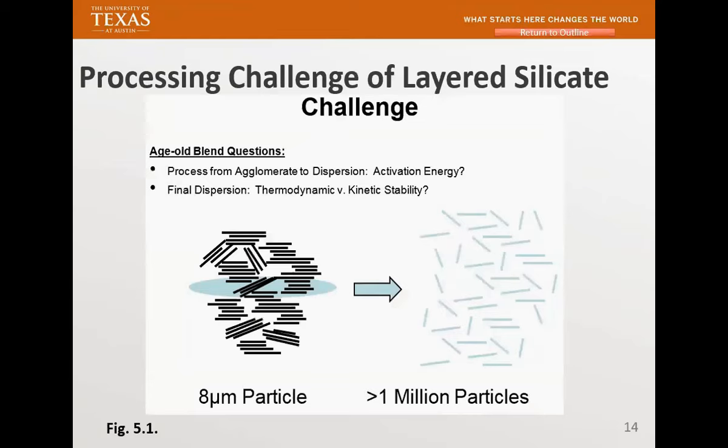If you sell micron-size nanomaterials, the technical data sheet or MSDS sheet says it's not a nanomaterial, and then they will ship it. If you're actually selling it as nano size, you have a lot of problems sending it even within the US, and if you try to send it overseas, that's impossible.